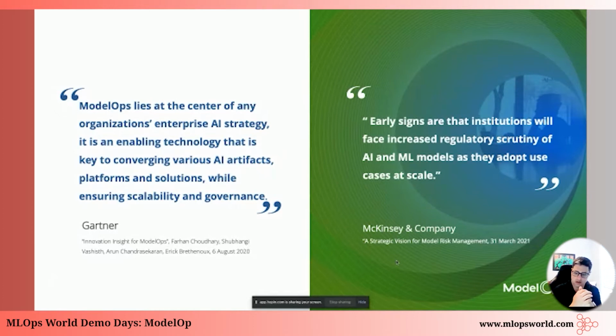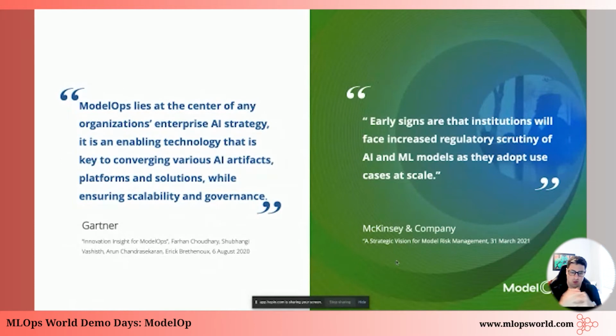Model ops is generally seen as a superset of MLOps, right? So MLOps is focused on operationalization and governance and monitoring of machine learning models, AI, ML, TensorFlow this, PyTorch that kind of stuff. Whereas model ops is a broader superset, if you will, where any type of model can be managed and governed.